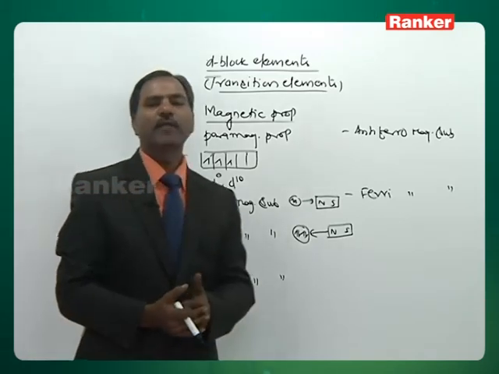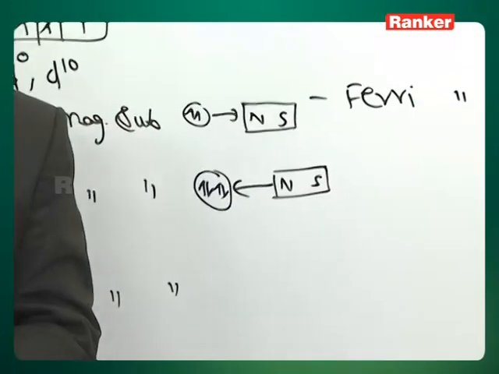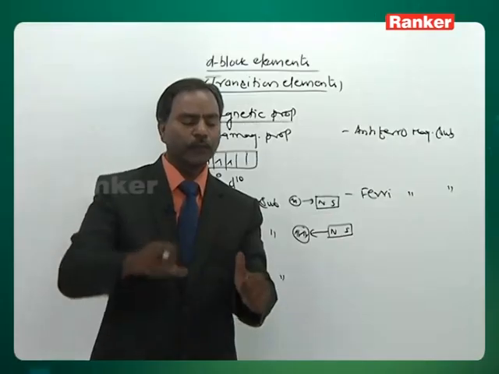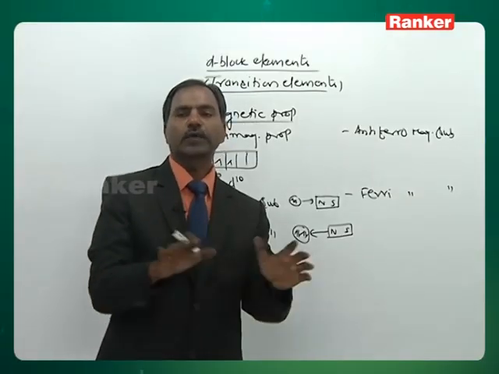Next, coming to diamagnetic substance. Why is a diamagnetic substance repelled by the magnet? When spin is zero, it should not show any response.